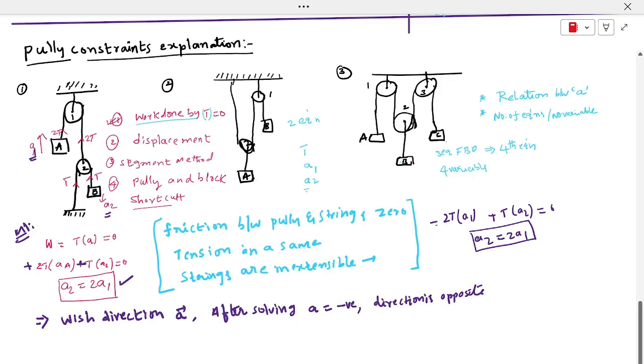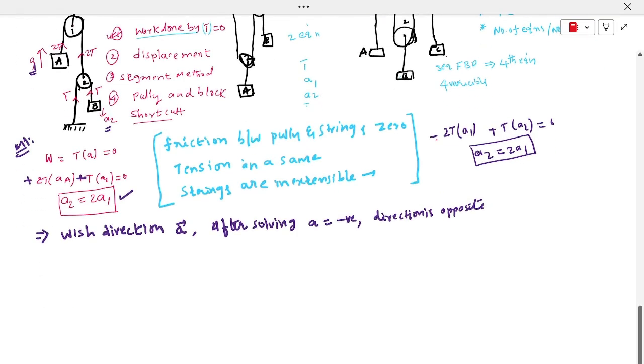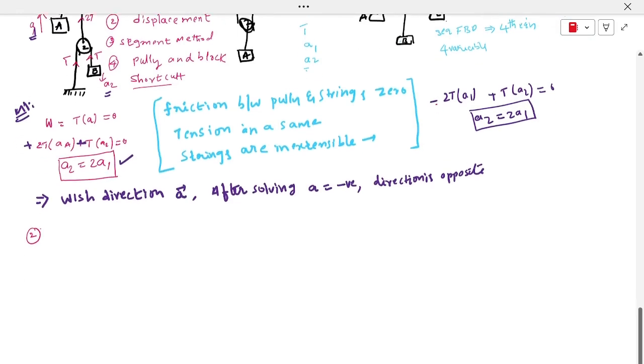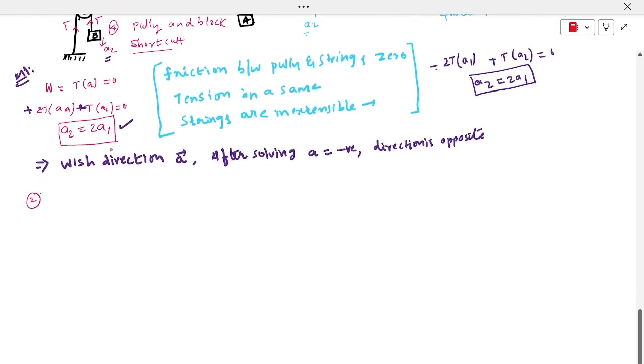The same method I will apply to the second diagram. If you see clearly in the second diagram, B is moving down and A is moving up. That means AB is downwards and AA is upwards.